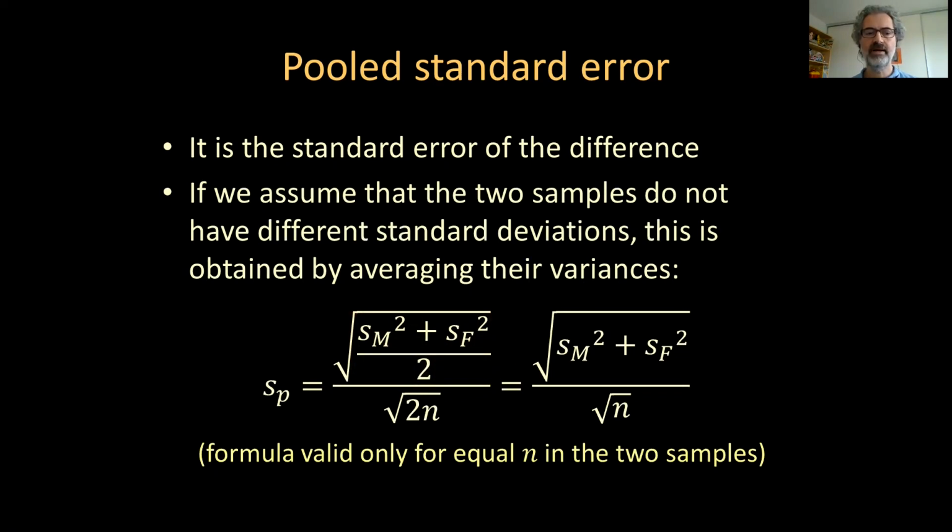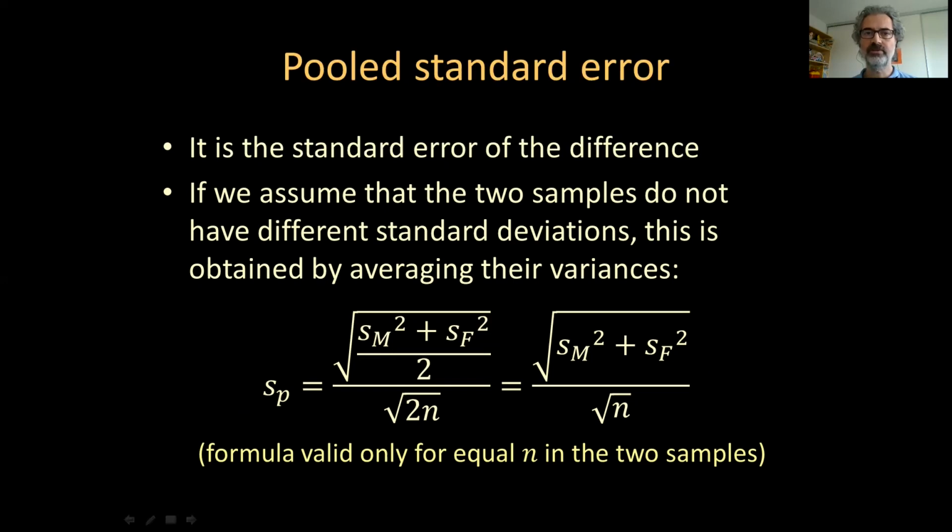And then we divide by the square root of the total number of children to get our estimate for the standard error. So this is our pooled standard error. This formula is only valid for equal sample sizes, equal group sizes. If the two groups have different numbers of children, then we need to weigh each variance by the corresponding number of children, and the formula gets a bit uglier than this.